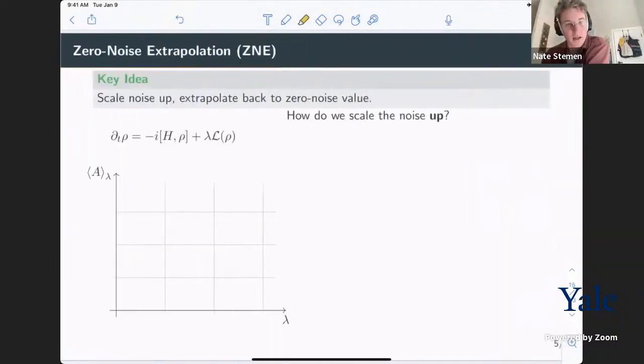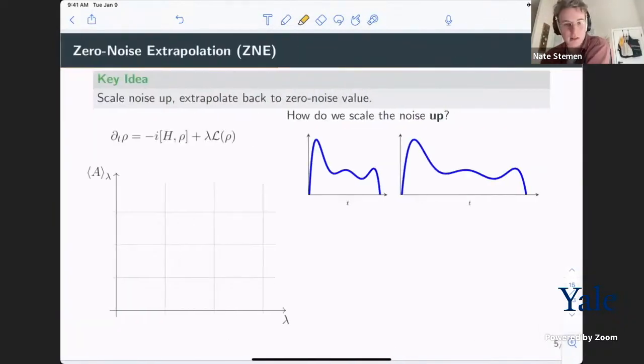So now the question is, how do you actually go about scaling the noise up, right? We made a nice graph, but it's not necessarily easy to do. In the paper where this was originally introduced, they were really thinking about this at the pulse level, since the people who are building quantum computers have access to the actual pulses they're sending to their qubits. If they can do the pulse over a longer amount of time, often that means you're building up the noise in the way you would expect.